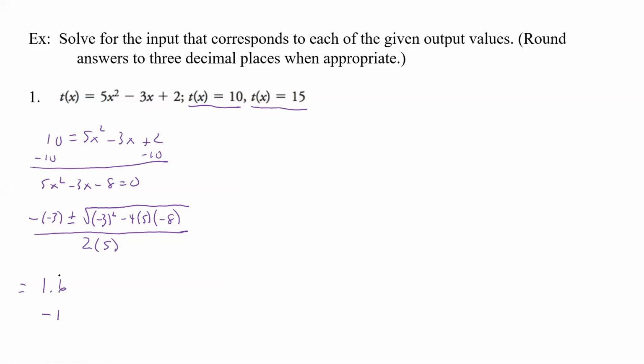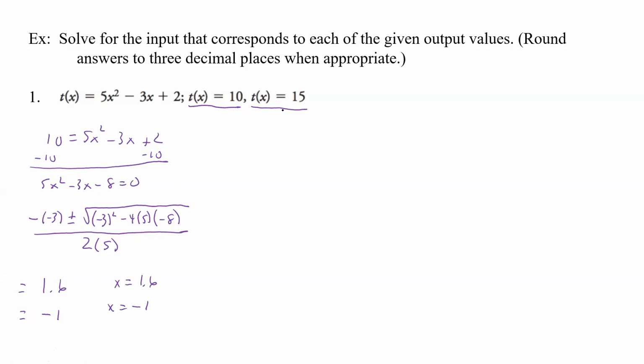So we get two values, okay? And we expect two values because it's a quadratic, and we're going to expect plugging in two different values, we're going to get the same thing there. So those are two x's. So x equals 1.6 and x equals negative 1.